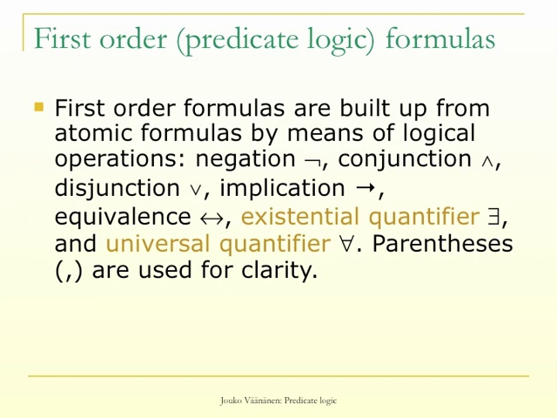Let us recall that first-order formulas are built up from atomic formulas by means of the logical operations negation, conjunction, disjunction, implication, equivalence, existential quantifier, and universal quantifier, and parentheses are used for clarity.